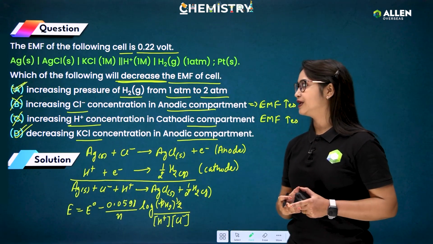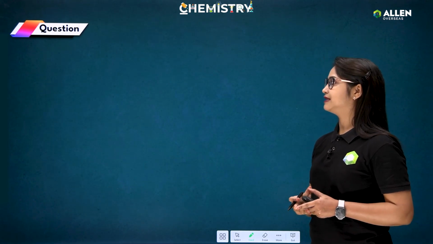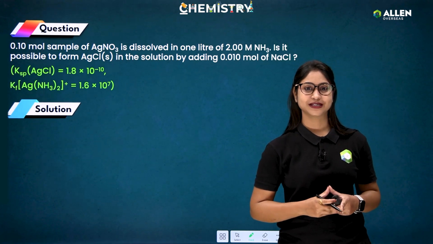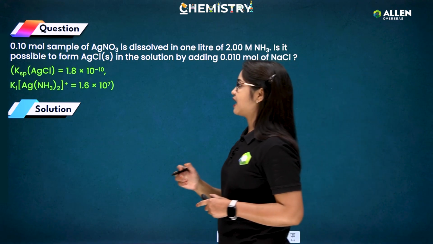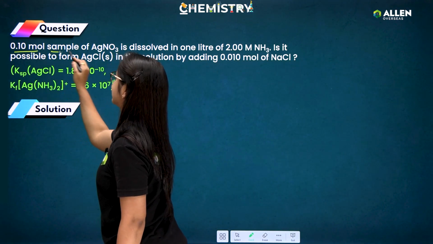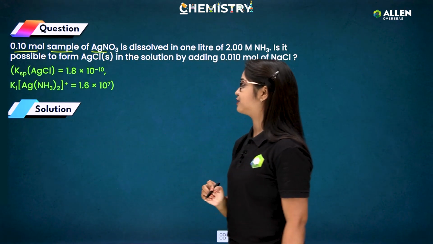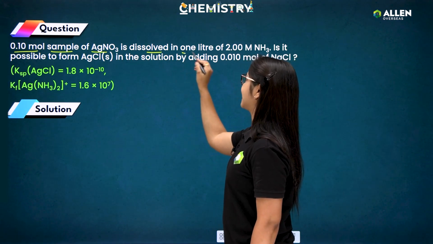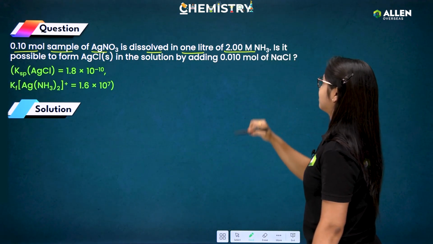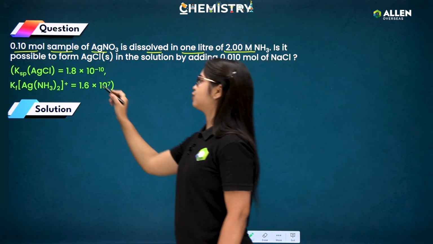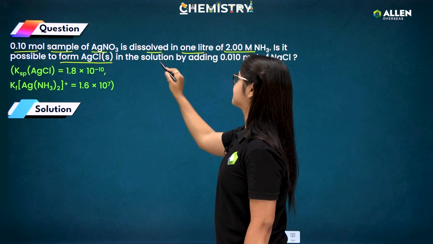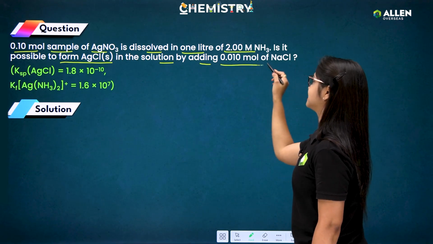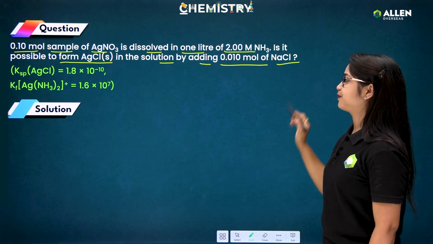Fine. Now let's try to solve one more question that is related to the solubility product, right? So we have a 0.10 mole sample of AgNO3, silver nitrate, dissolved in 1 liter of 2 molar ammonia. Is it possible to form AgCl solid in the solution by adding 0.010 mole of NaCl, right?